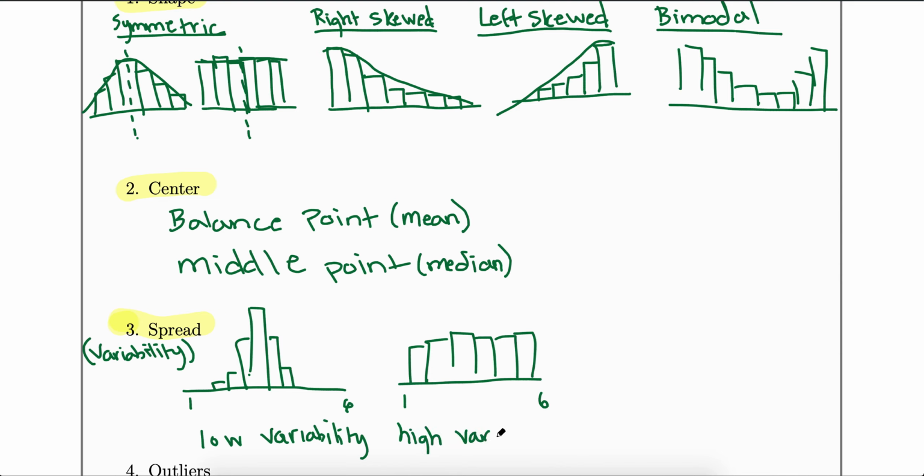Now, in most of our examples, we're not going to be comparing one plot versus another, though we will in a few. For now, we're just going to say it goes from here to here. Give the minimum to the maximum, kind of that rough idea. It goes from 1 to 6 to give an idea of the spread or the variability in the data.